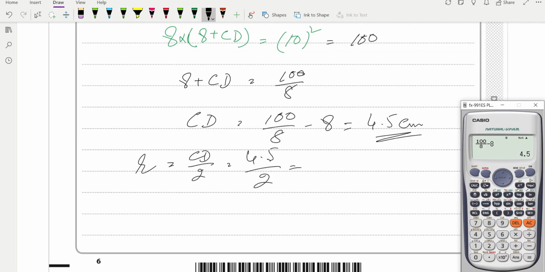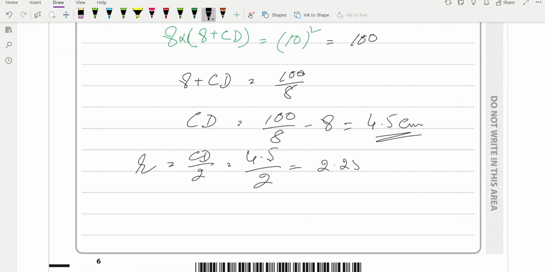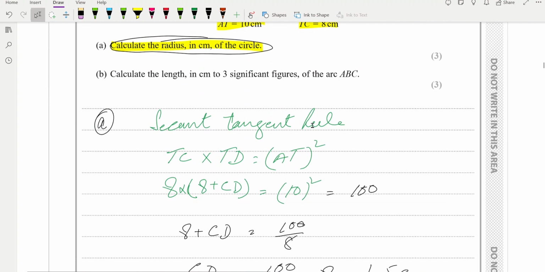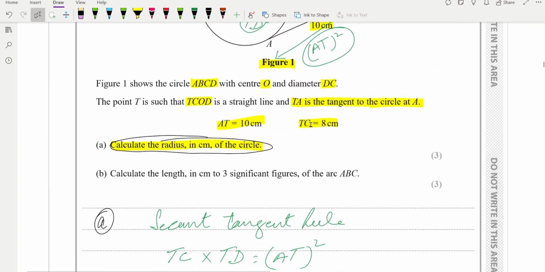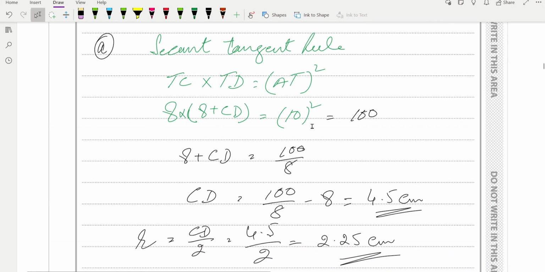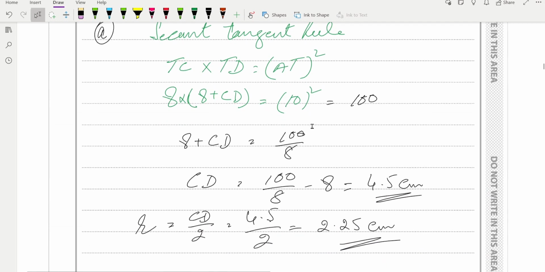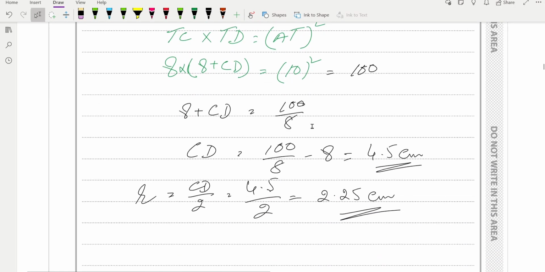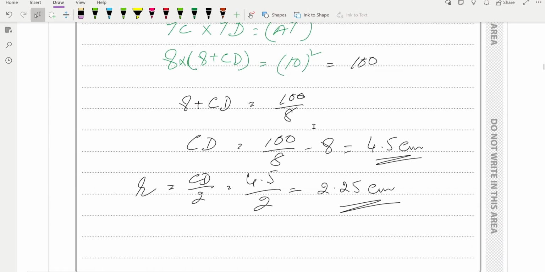So 4.5 divided by 2 is equal to 2.25. So 2.25 centimeters will be the value of the radius. We are done with this part. This was a 3-mark question. The only thing which you will have to keep in mind is the secant tangent rule, and apply that one, replace the values and simplify. That's all.